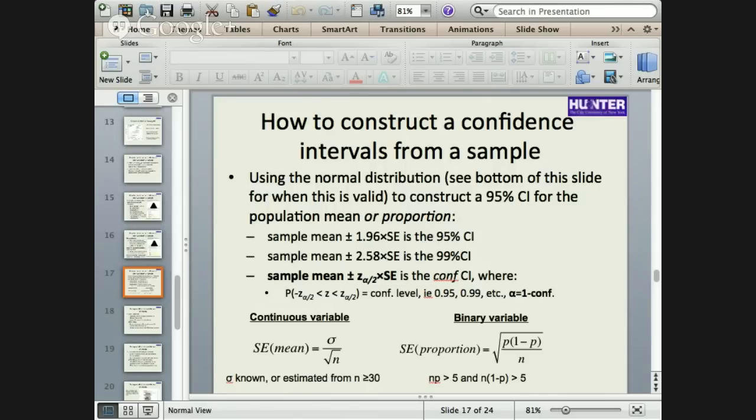There are other sampling distributions that are skewed. We'll get to, for example, the F distribution, which is skewed. But as long as we're just talking about means and about proportions, it's symmetric. I don't think anyone uses skewed distributions to calculate the confidence interval.